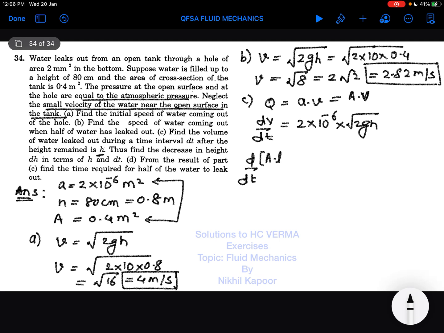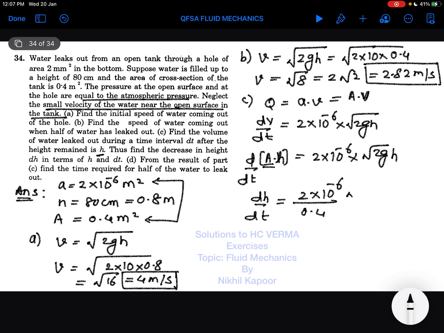Okay, so the volume of water in the tank would be area into the height of the tank, equal to 2 into 10 to the power minus 6 under root 2gh. So the dh by dt would be equal to 2 into 10 to the power minus 6 divided by area, which is 0.4 meter square, under root 2gh. So that comes out to be 5 into 10 to the power minus 6 under root 2gh.